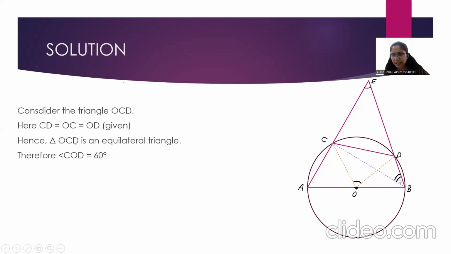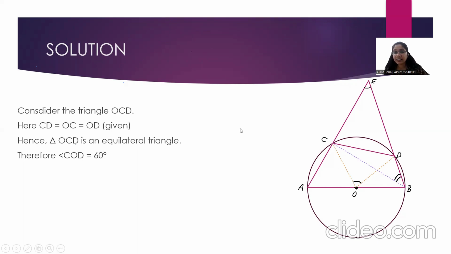Then is there any relation between this angle COD and this angle? Can you see any relation between these two angles? See, here this angle is given to be 60 degrees, and it is the angle subtended by the chord CD at the center. And this angle formed at the point B is the angle subtended by the chord CD at a point on the circle. Then we have a theorem which connects these two angles.